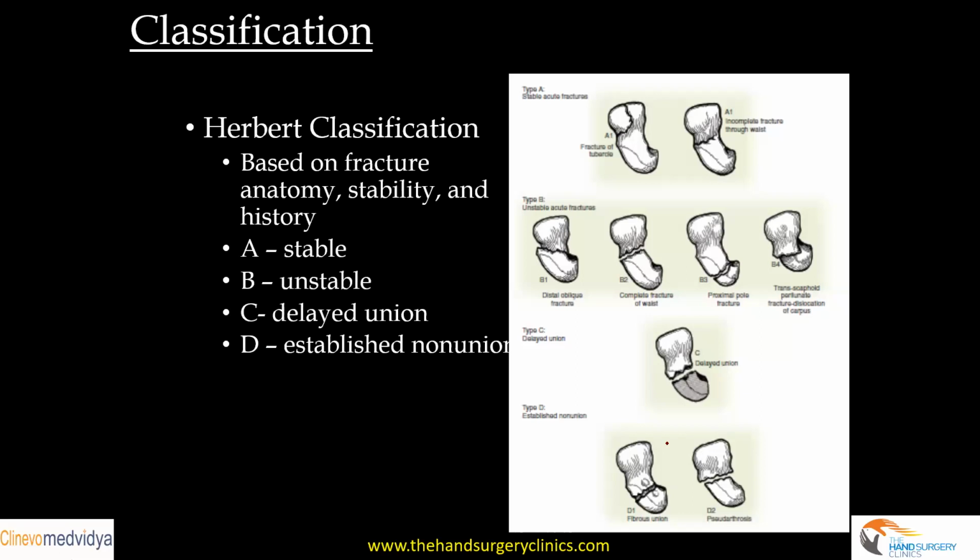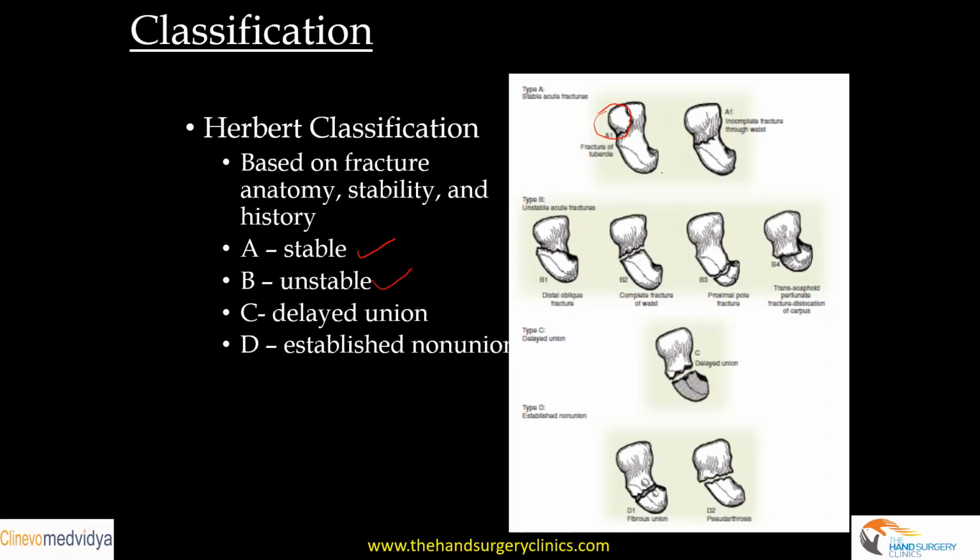The Herbert classification takes into account the stability of the fracture, and the classification talks about type A, B, C, and D. Type A is where the fracture pattern is stable. So if you have a fracture of the distal pole, for example, or the tuberosity of the scaphoid, and if it is a unicortical fracture, it is deemed to be a stable fracture.